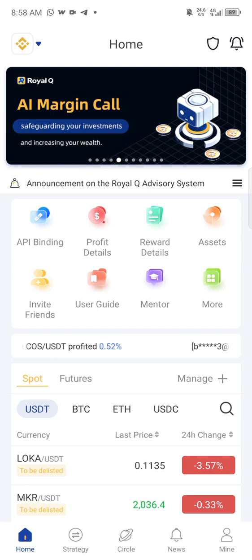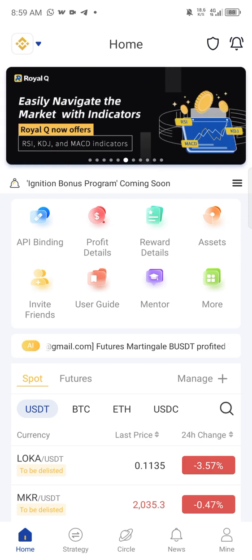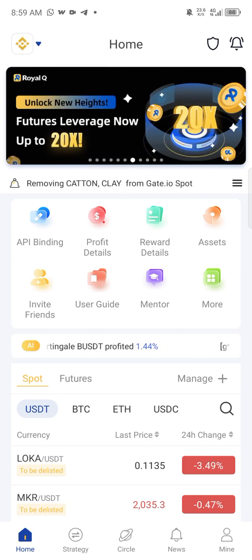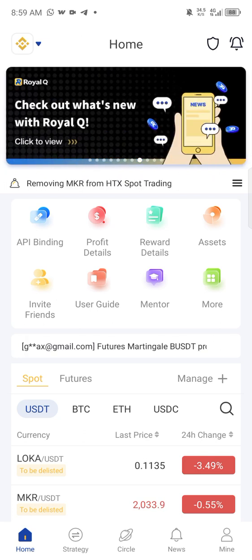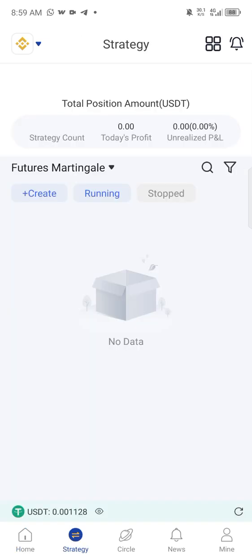So the 1 day will help you to see very well. I would advise that you don't use only the 15 minutes to do your analysis. Use the 1 hour, the 4 hours, and also the 1 day to do your analysis.